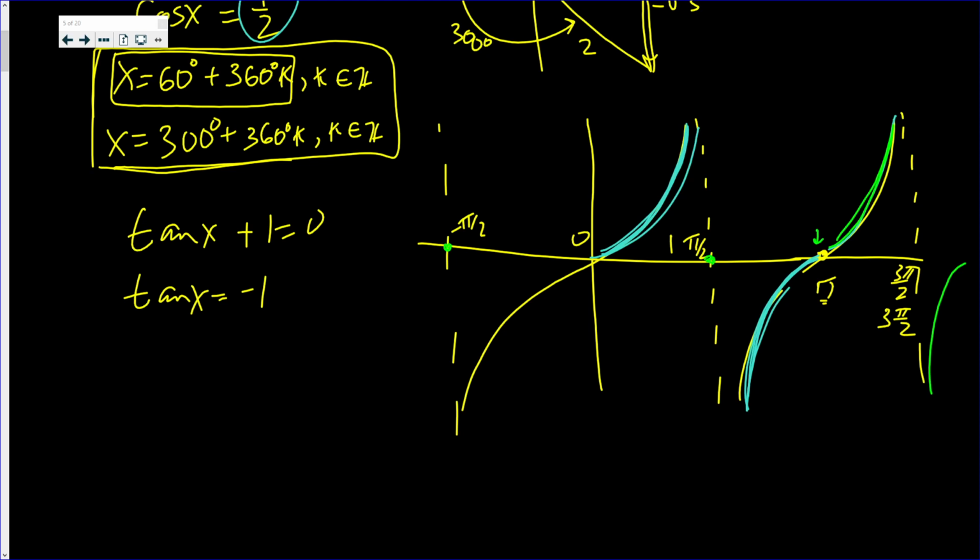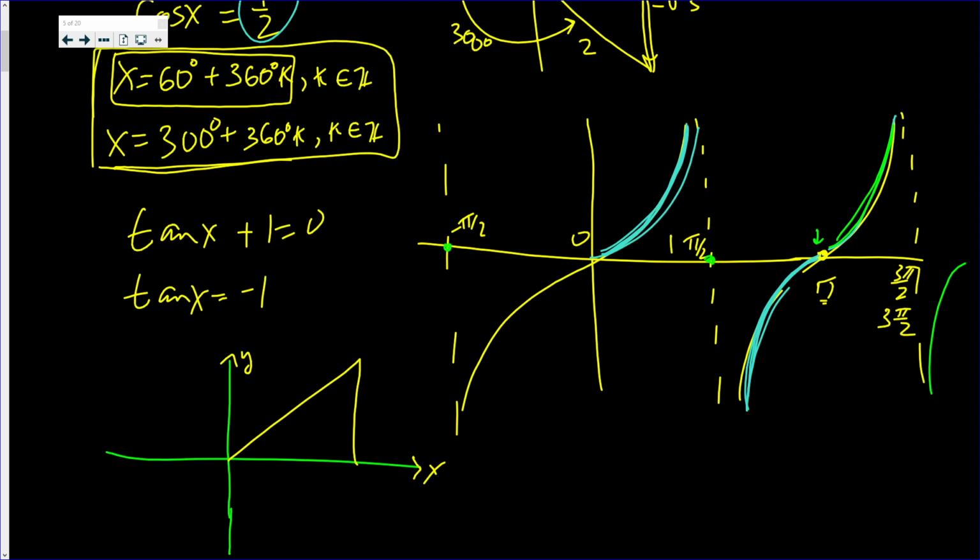But let's just go 0 to pi. That is, we only have to look at the top half of the grid, the XY plane. Which angles have negative 1?